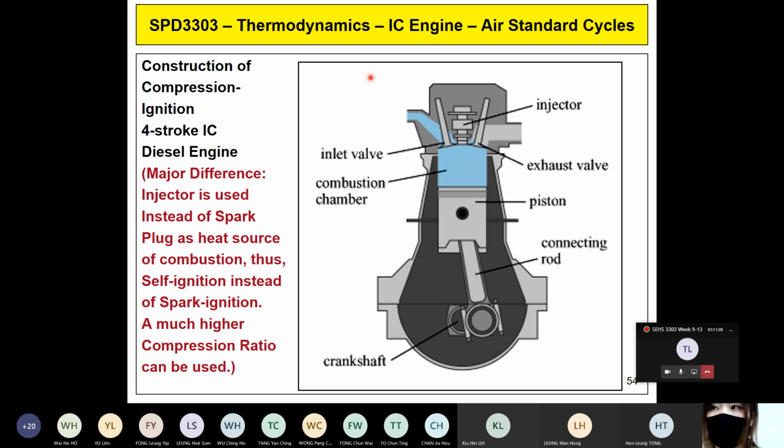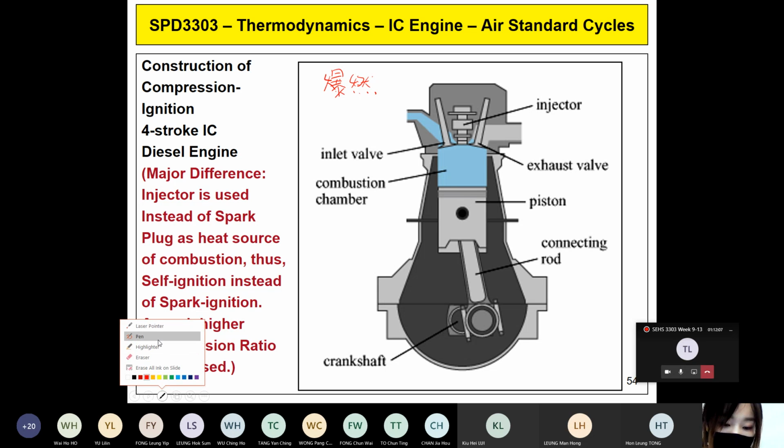Sometimes we call it knock. It is really very, very bad for your engine. We should always avoid it.